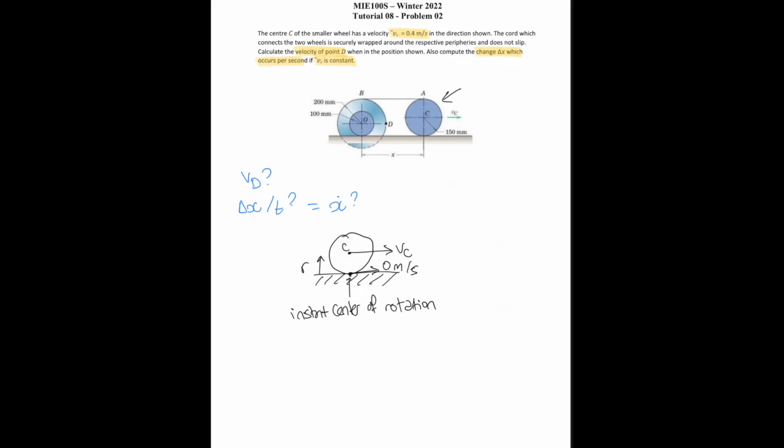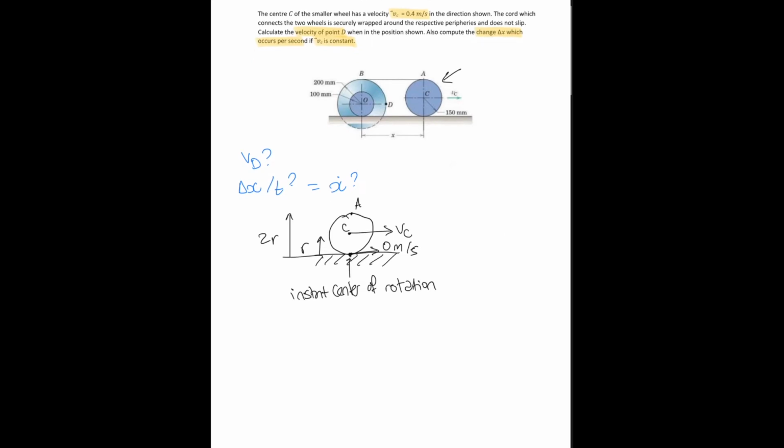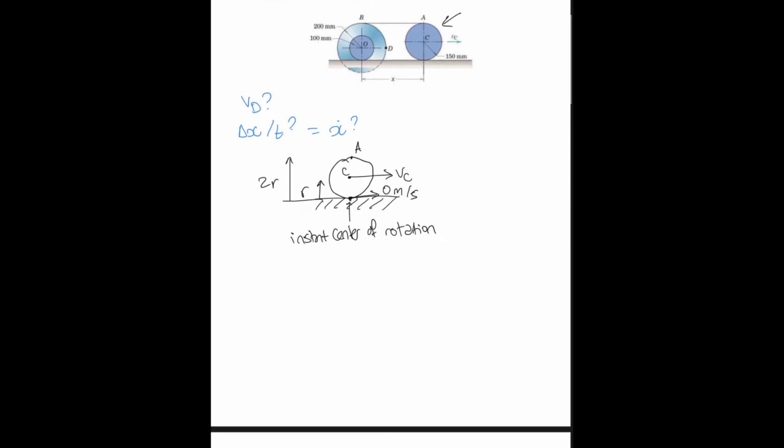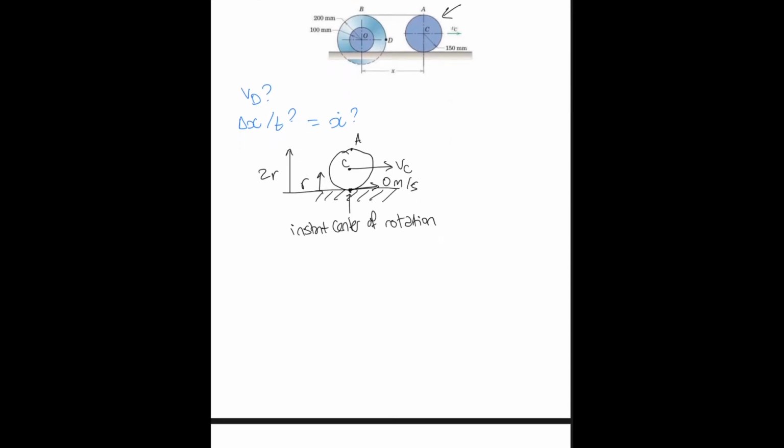So the distance from the ground to C is R, and from the ground to A is 2R. Now that we've established that, we can fairly say that the velocity of A is going to be equal to 2VC.